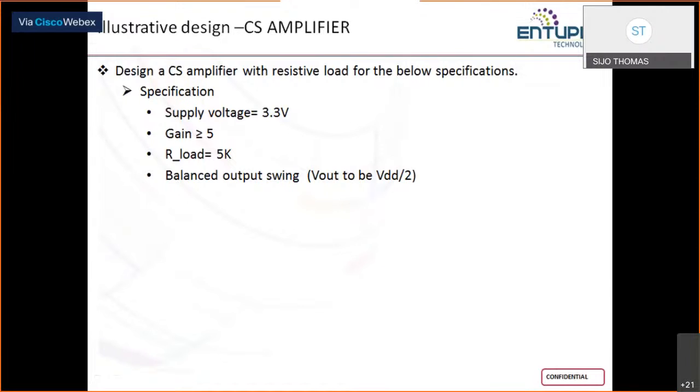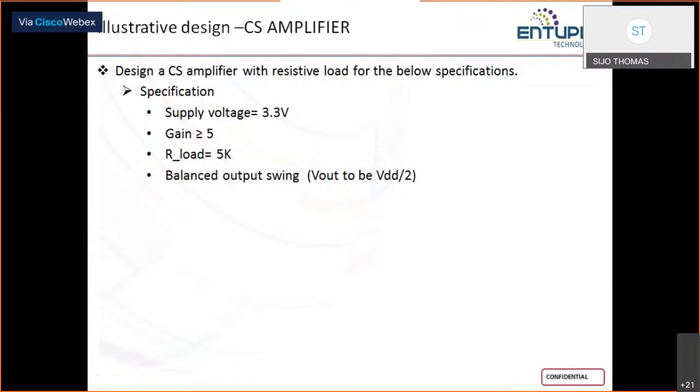So mainly in this session, we are looking for an illustrative design of a CS amplifier with a resistive load using the Cadence tool. To begin with, let me give you the specification for the CS amplifier design.